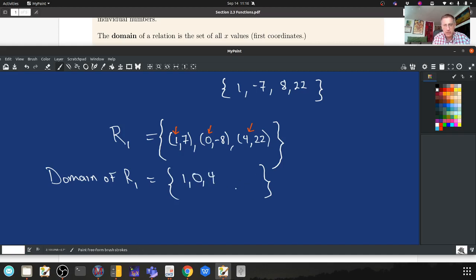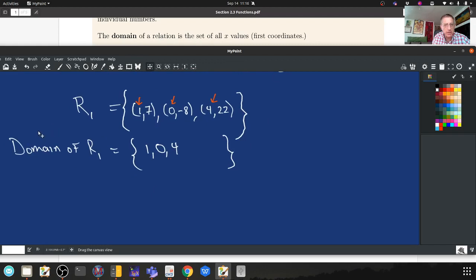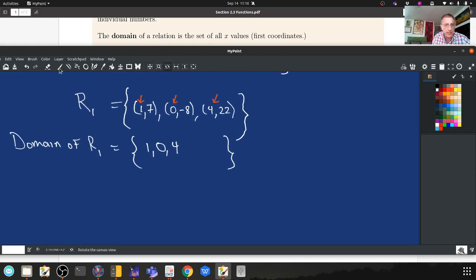I know I have extra space over here, but I was overly ambitious in writing the set. So notice the domain of a relation is the set of all x values. Now I'm going to get a little bit technical here, and for the most part you can ignore it. And as soon as I say you can ignore something, you probably actually literally do.